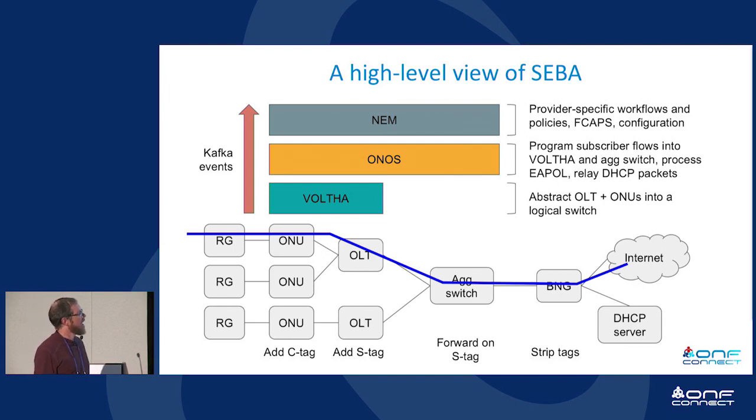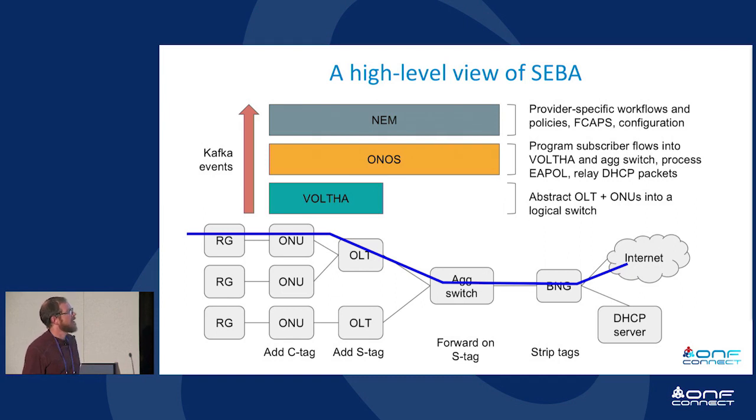Then on top of that, we have ONOS, which is programming the subscriber flows into Voltha and into the AG switch. It's also doing some packet processing for EAPOL packets for authentication, and it's relaying DHCP packets to the upstream DHCP server.